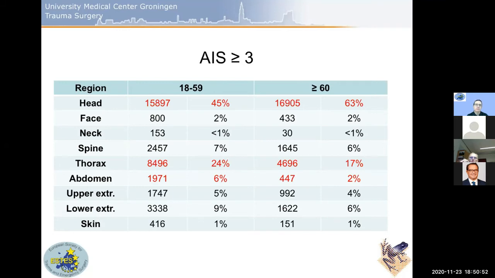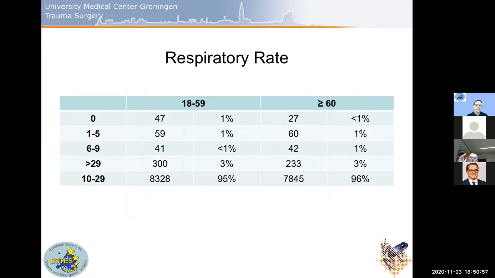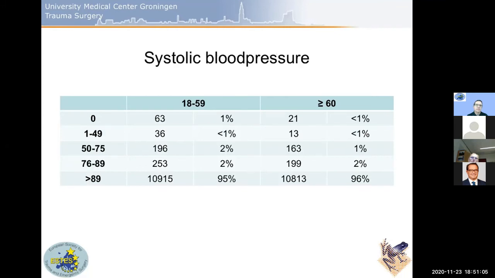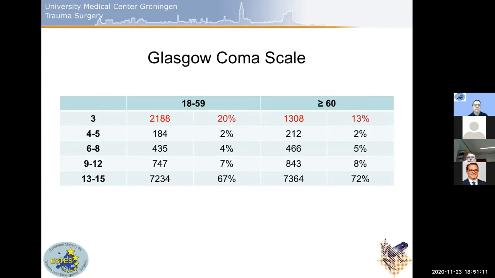So a big problem is head injury in the older patient. If we look at the physiology, there's no difference in the respiratory rate, no real difference in the systolic blood pressure, the revised trauma score. But there is a difference in the Glasgow Coma Scale. And this you have to remember for the later data.